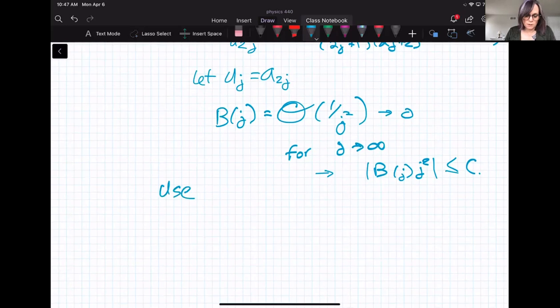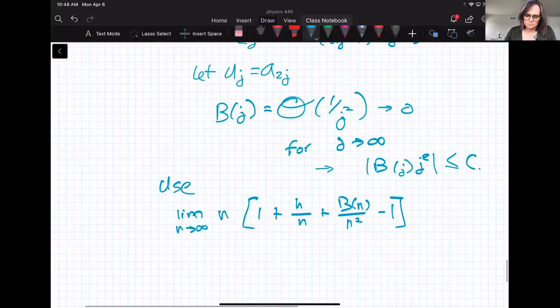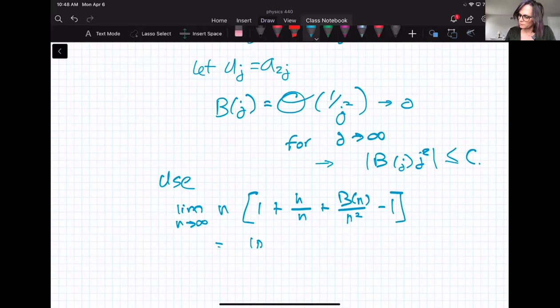And if we use the test, that is, we take the limit as n goes to infinity of n times (1 plus h over n plus b of n over n squared minus 1), that equals the limit as n goes to infinity of h plus b of n over n, and that equals h.